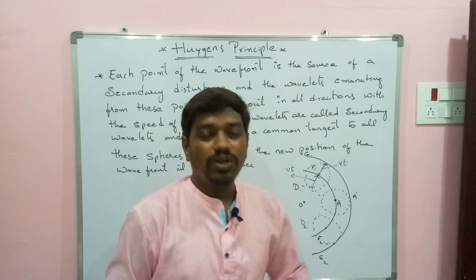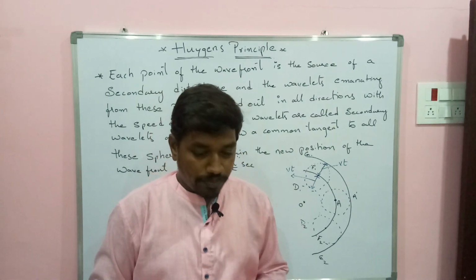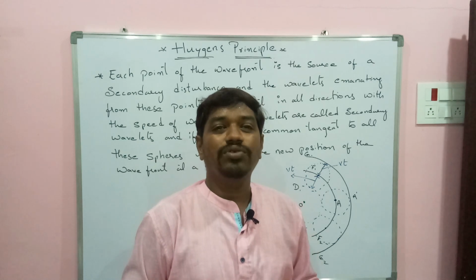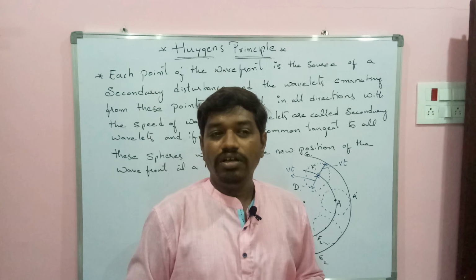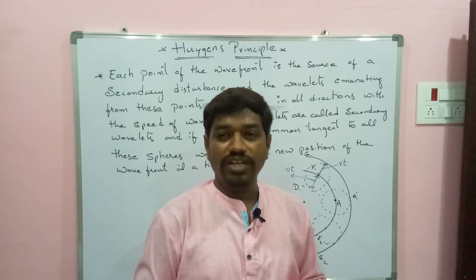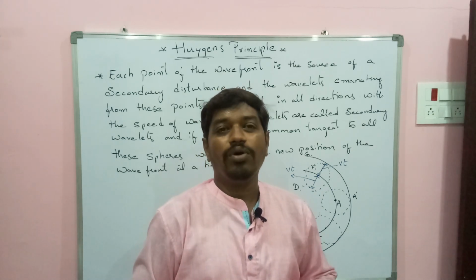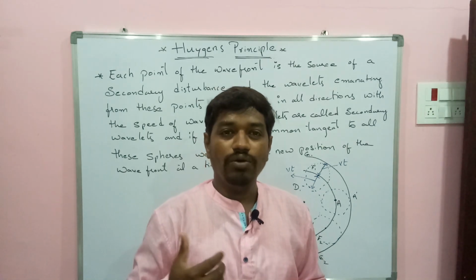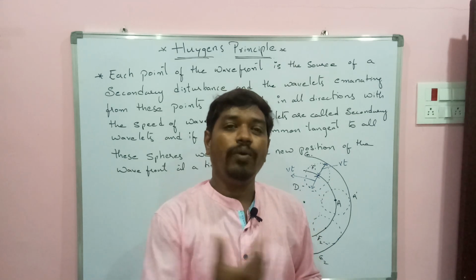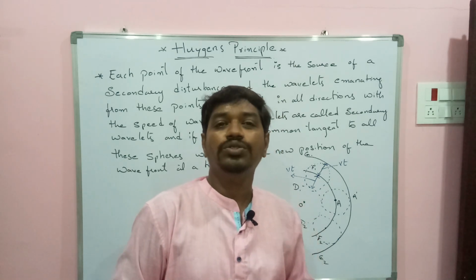So let us recall what we discussed in the previous session. We discussed what a wavefront is and how many types of wavefronts there are. Basically, a wavefront is nothing but the shape of the wave, how the shape changes when a wave advances in the forward direction depending upon the source.